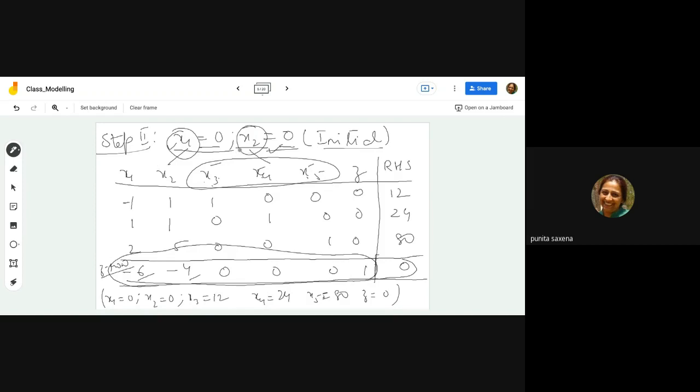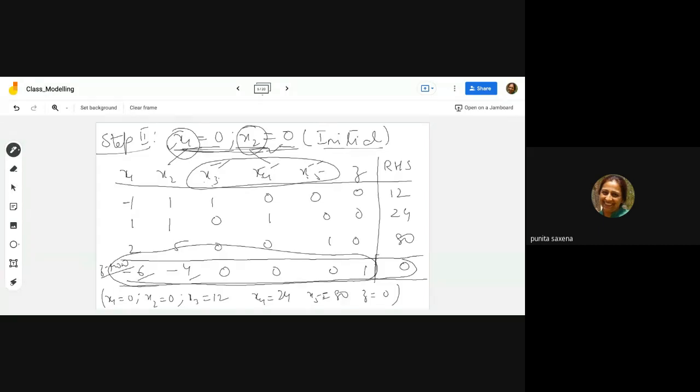So basically one out of x1 and x2 will become dependent and one out of x3, x4 and x5 will become independent. In a way we say that they are forming the basis. So we have to choose which variable will leave the basis and which variable will enter the basis. But the number of basis vectors will not change.